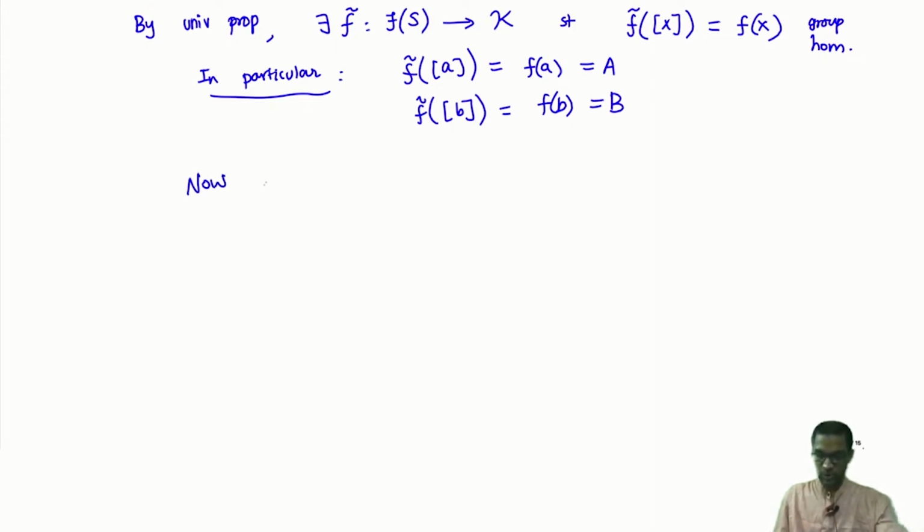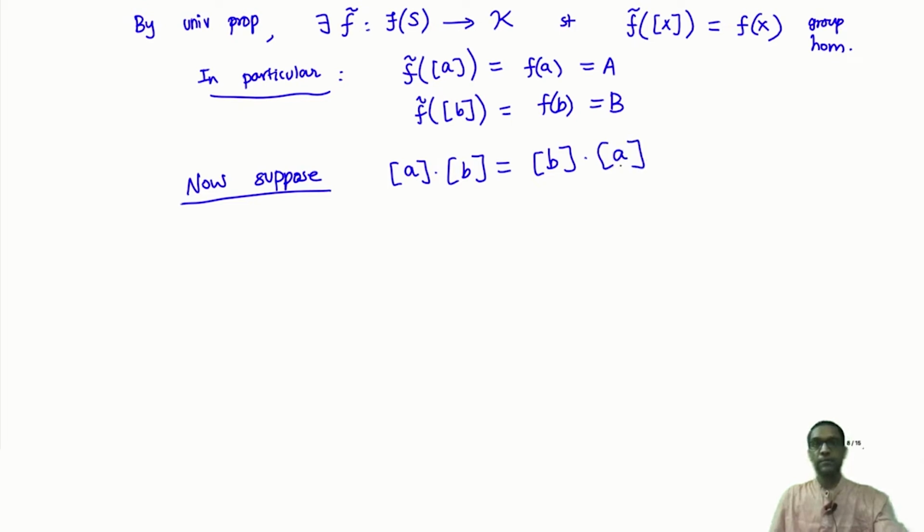Now, suppose it were true that AB is the same as BA. We'll see how our map f tilde is going to help us. Let's do the following: let's apply f tilde to both sides.